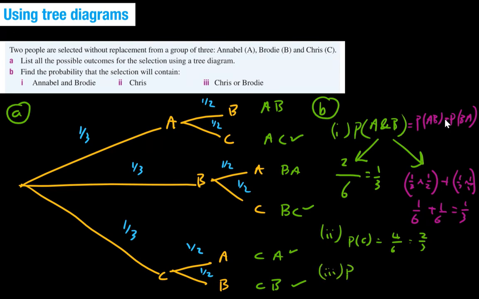And the last one is probability of Chris or Brody. So we go down and tick where we get either Chris or Brody, and it's every single one. So that's just going to be 6 over 6, which is 1.